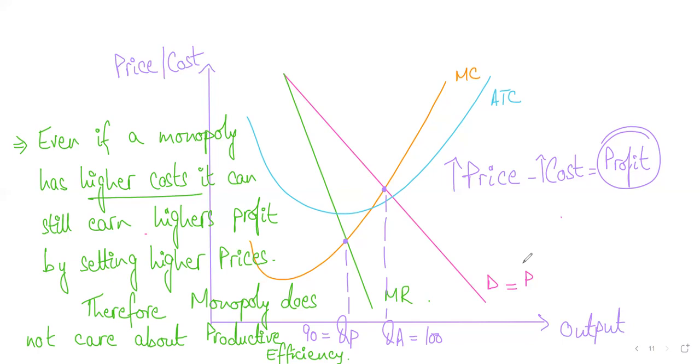You do study accounting, you would know. They don't really care because they can charge higher prices and still make higher profits. So that is how monopoly will be inefficient, because it is exploiting the consumers.